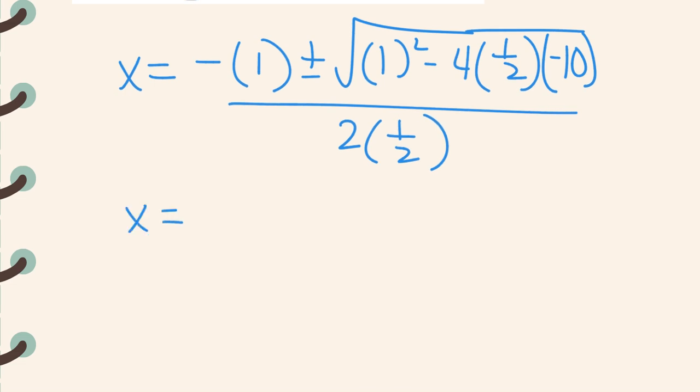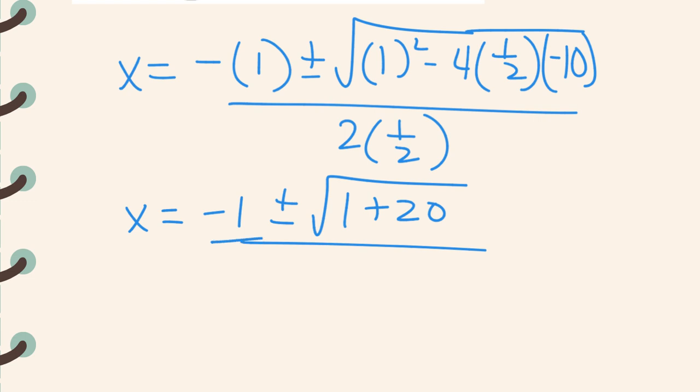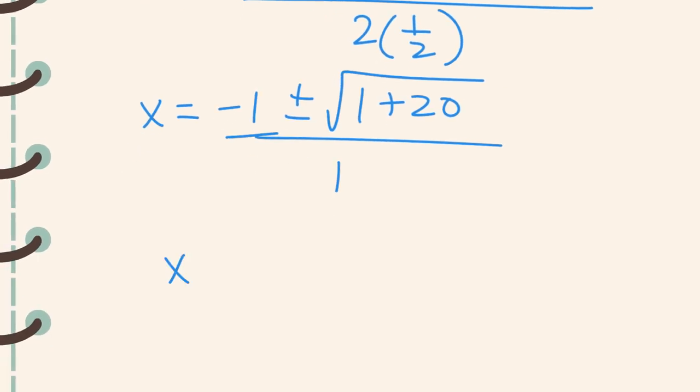Negative times 1 gives me negative 1, plus or minus 1 squared is 1. Negative 4 times half is negative 2, and negative 2 times negative 10 gives me positive 20. And 2 times half is just 1. X equals negative 1 plus or minus the square root of 21 over 1.